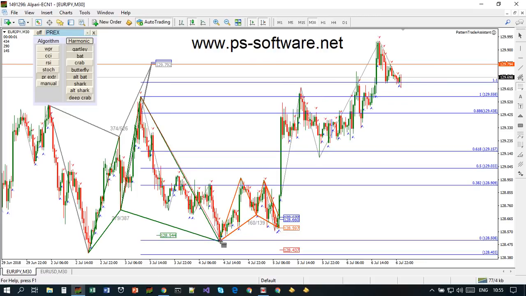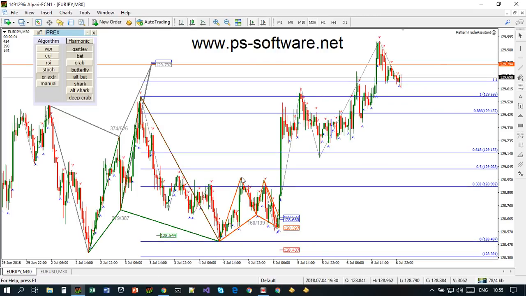It hit 382, and after that it came back. And this second completion of the shark pattern was in the form of a Gartley. Instead of taking 382 over the Gartley, I placed my targets at 50 of a larger shark, because the shark target is 50%.